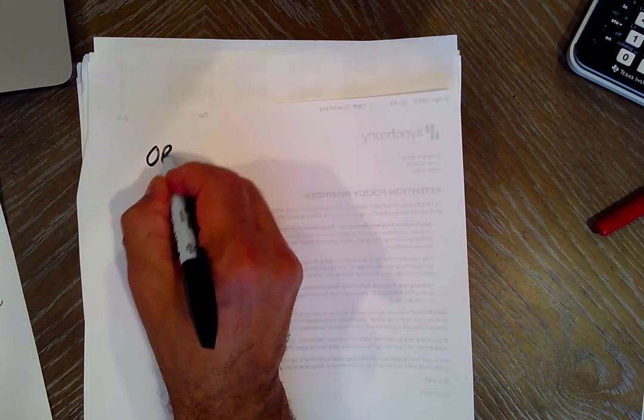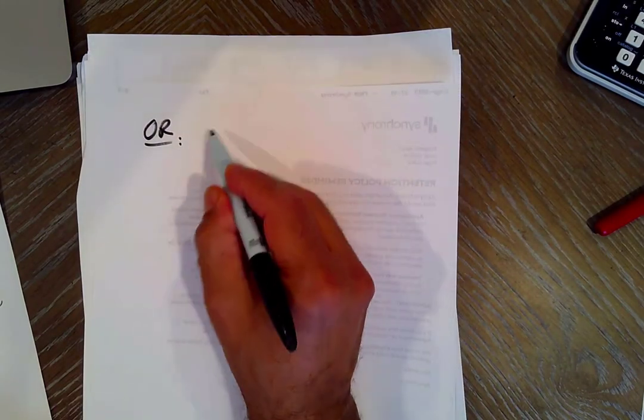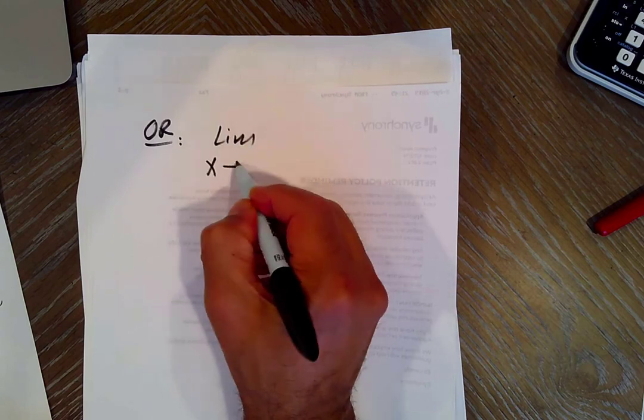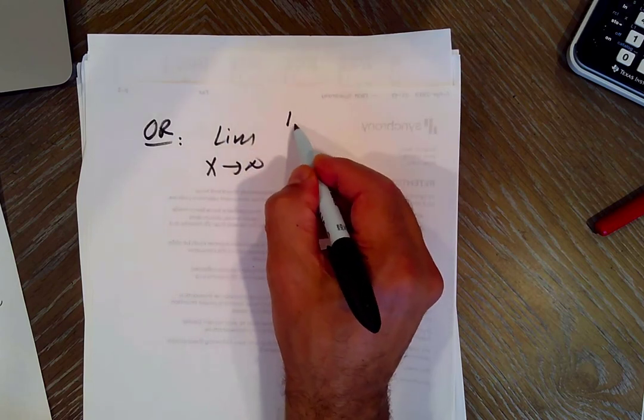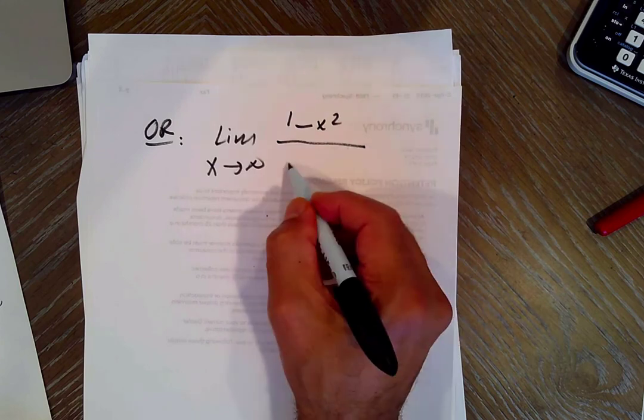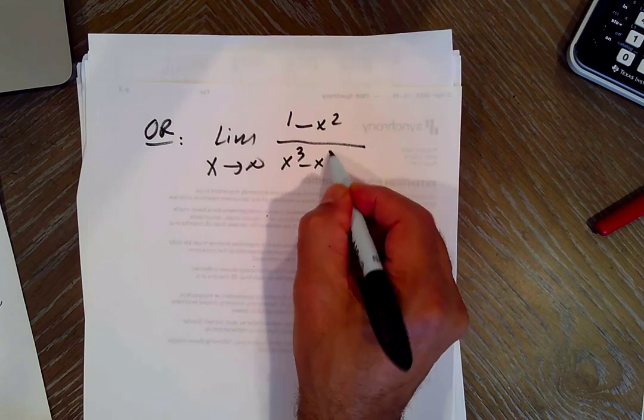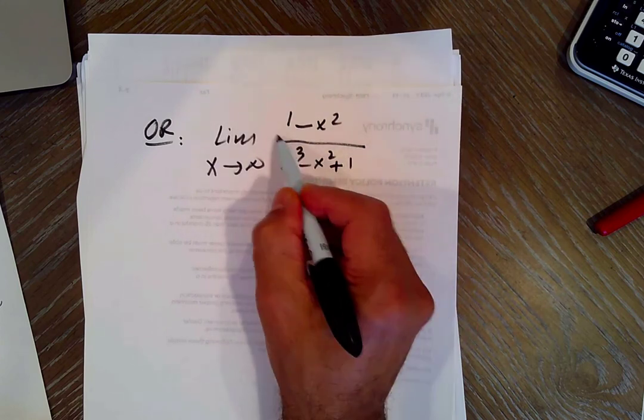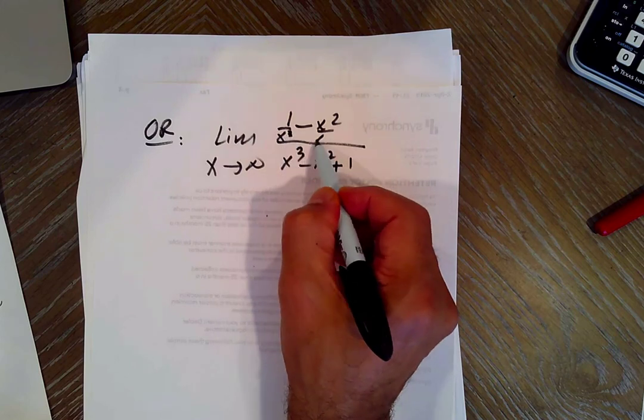Or you could divide it. There's another method, or you could divide everything by the highest power. And the highest power in this case, I mean, this is more work, but I think it makes sense. The highest power here is x cubed, so you divide every term by x cubed.